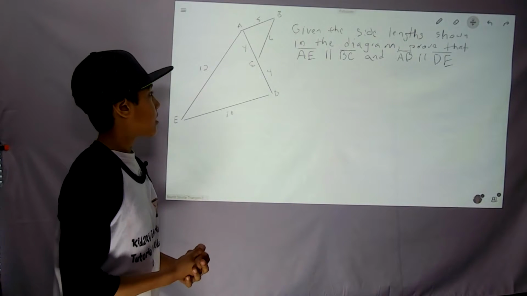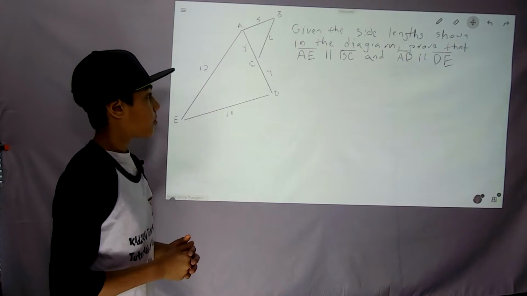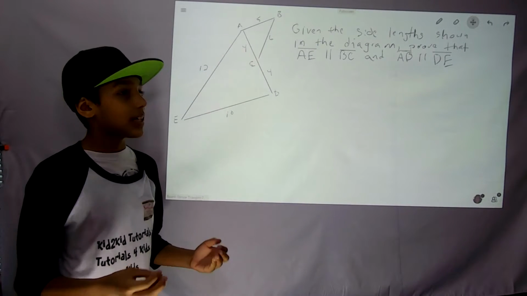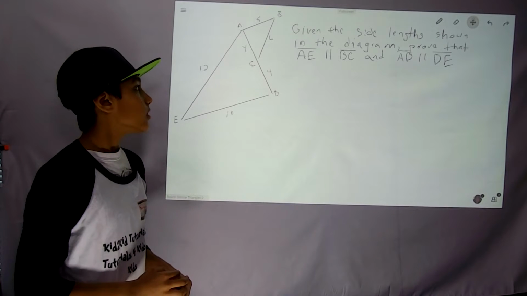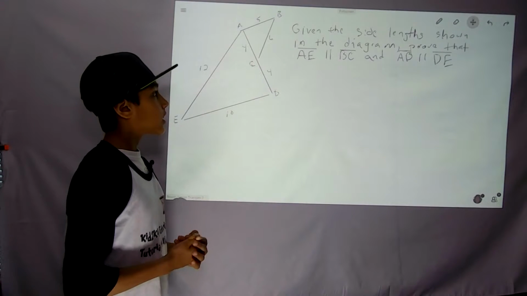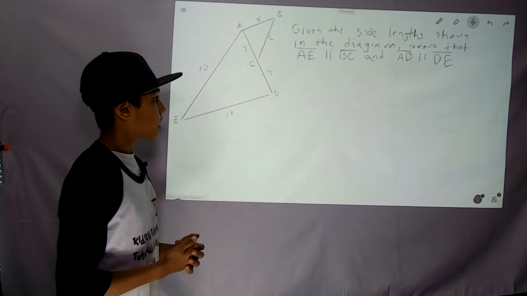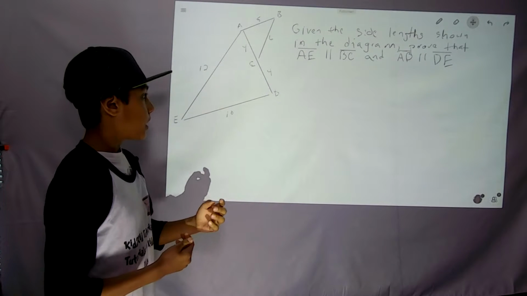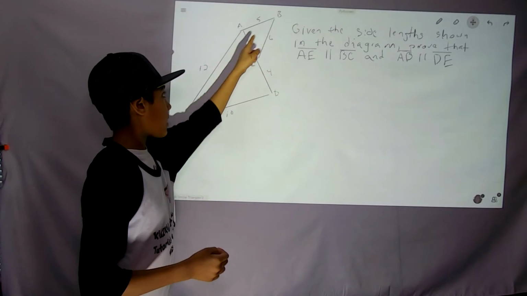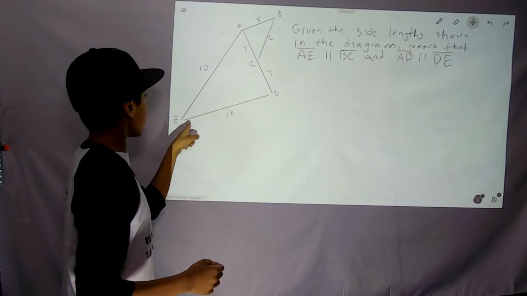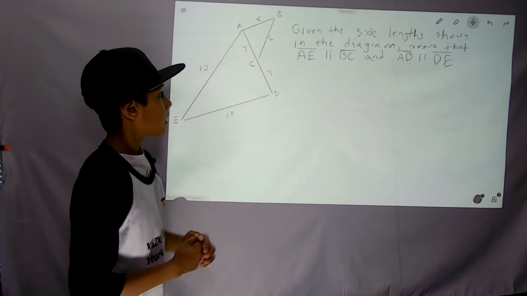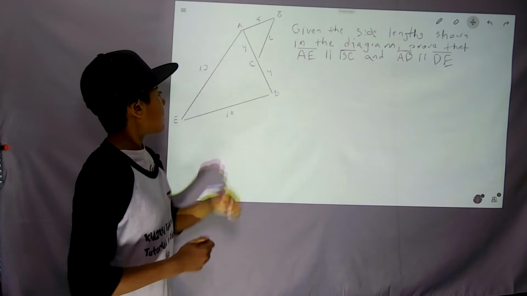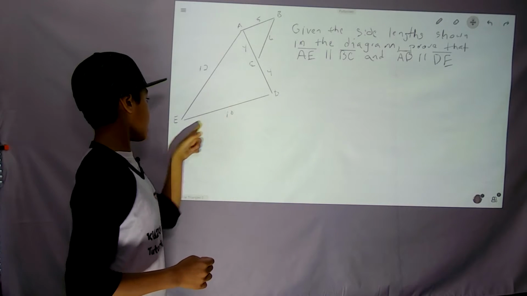So let's get started on this problem. Given the side lengths shown in the diagram, prove that line AE is parallel to line BC, and line AB is parallel to DE.